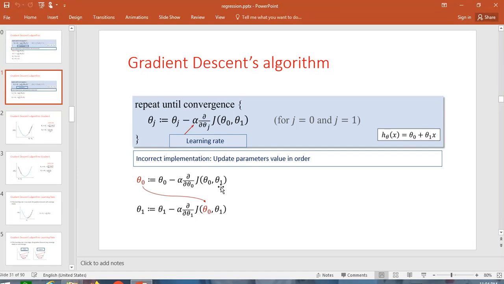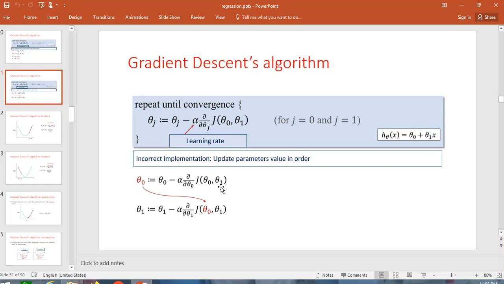Similarly, in the case of theta 1, the new theta 1 is equal to the previous theta 1 minus alpha multiplied by the differential of the cost function with respect to the previous theta 1. Now we have only two parameters here.